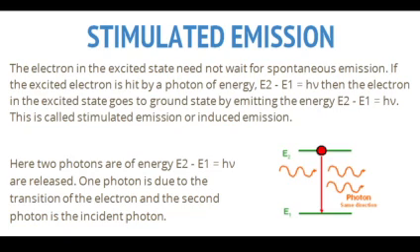This is called stimulated emission or induced emission. Now observe the figure. Here two photons of energy h nu are released. One photon is due to the transition of the electron and the second photon is the incident photon.